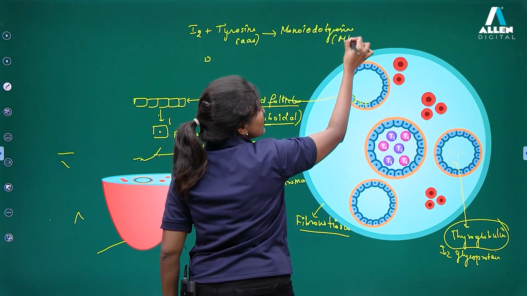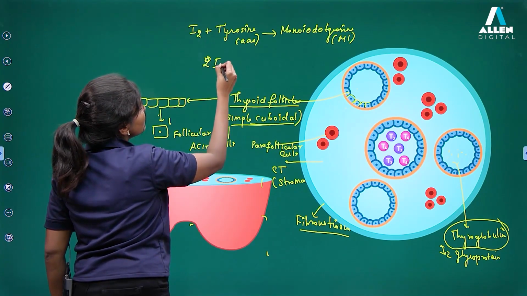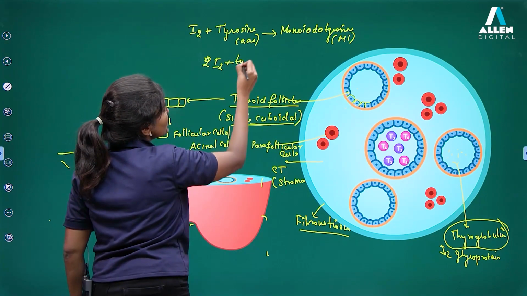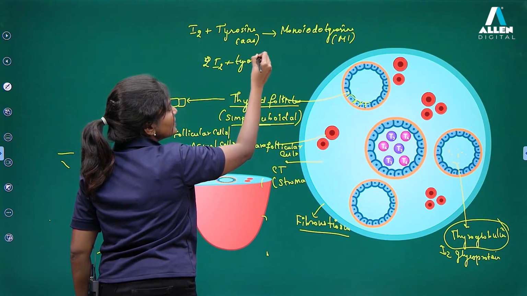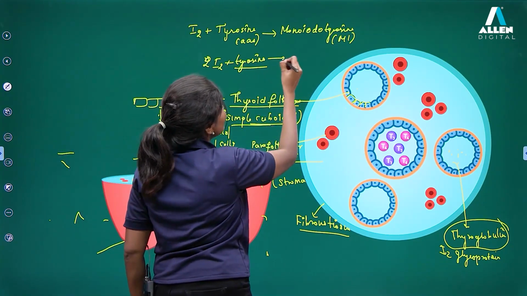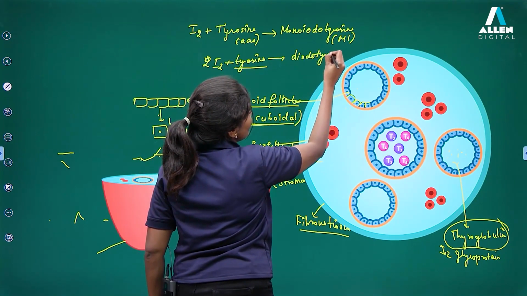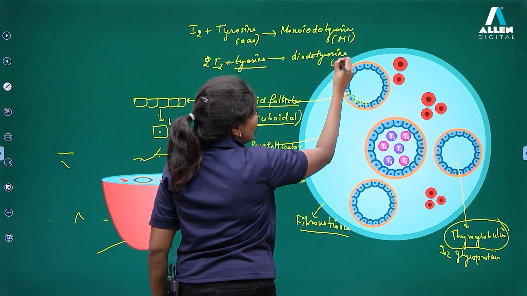For now I'm referring to it as MIT for our understanding. Suppose two iodine molecules combine with the tyrosine, this tyrosine being present in the thyroglobulin, which is made up of a lot of amino acids, and now they will form diiodotyrosine, which I am referring to as DIT.